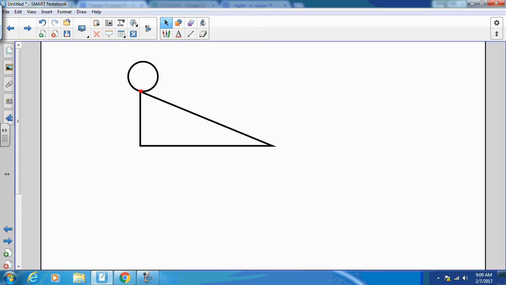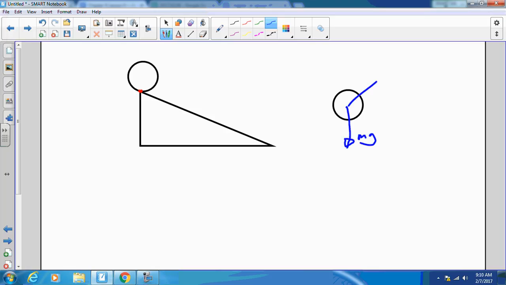All right. So if we consider the forces that are acting on our solid sphere as it rolls down, those forces are going to be gravity pulling straight down, F1 pushing like so, and a frictional force that is going to be acting like so.